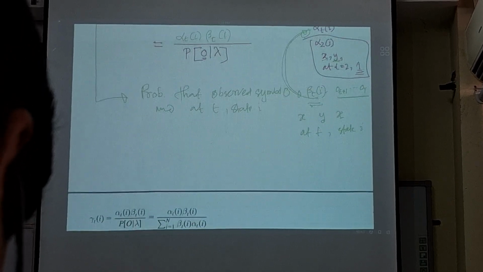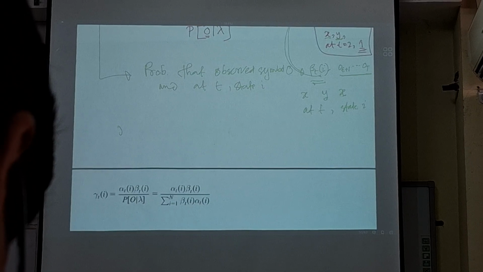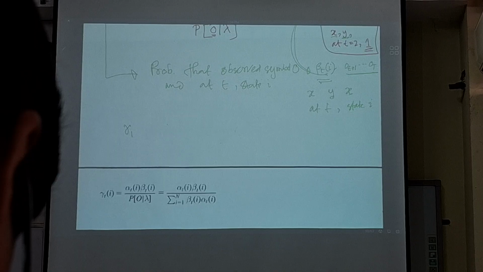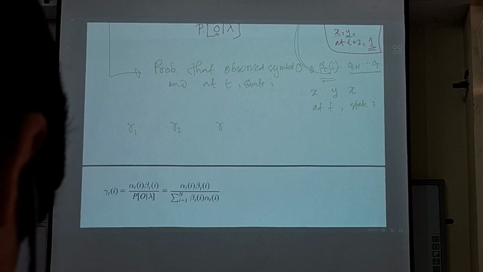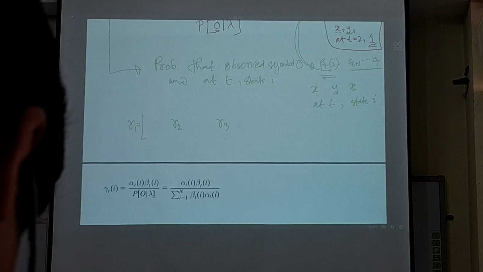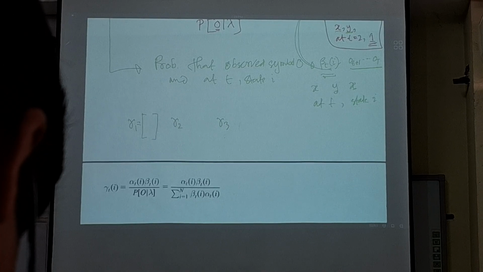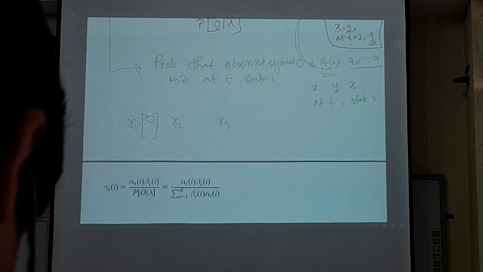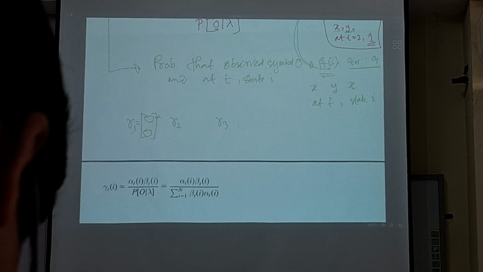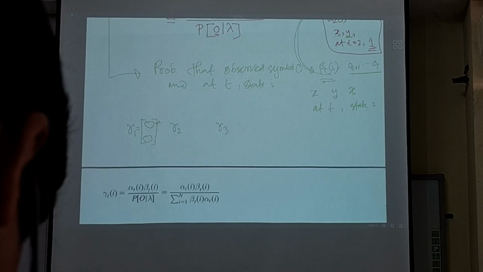For this one, we can calculate gamma 1, gamma 2. Gamma 1 is what? It will have two vectors. The first one represents what? At time 1, the probability that you are in a state.